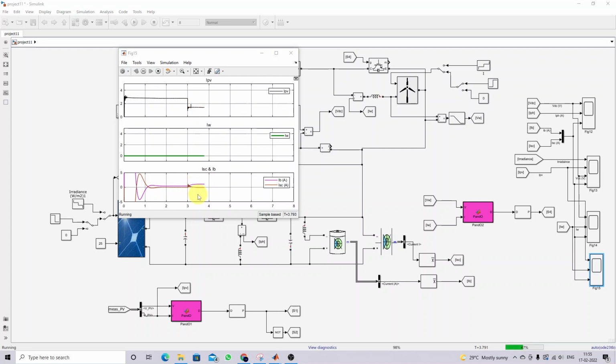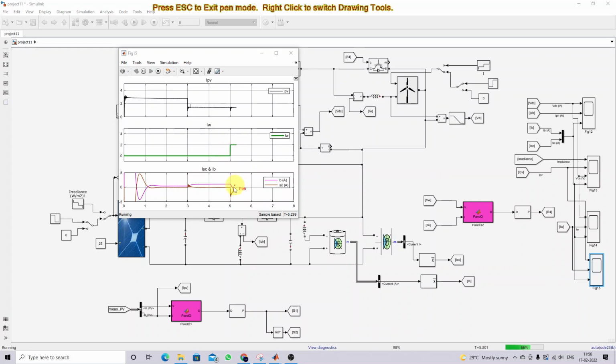Now at 5 seconds I'm going to increase the wind energy conversion current from 0 to 2 amps. We will check the response of the system during the increase of power level from the wind energy conversion system from 0 to 2 amps. Now you can see that the current is increased from 0 to 2 amps.